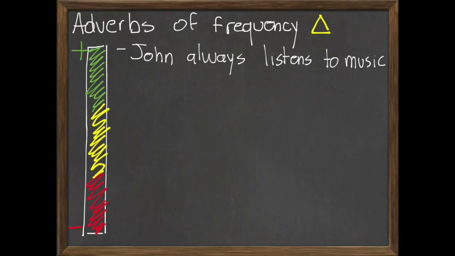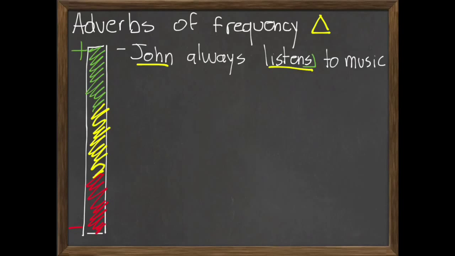John always listens to music. This is third person, so the verb has to be in the third person form. Listen ends with a consonant, and just like other normal verbs, when conjugated in the third person, we add an S at the end. He always listens to music.